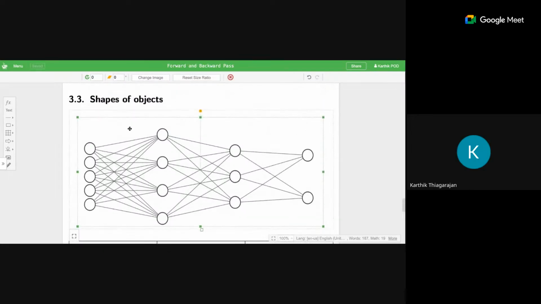In case it's not clear enough, this is N0. There are N0 neurons, and then you have N1, N2, and so on. In terms of L, this will be NL, so there are NL neurons.